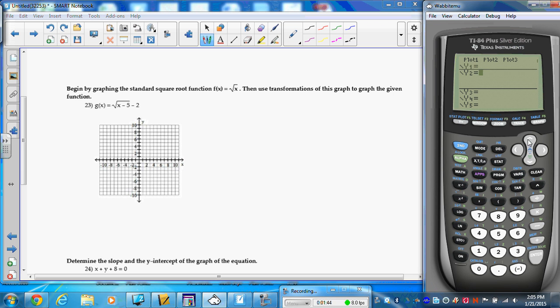And this one is supposed to be the square root of x minus 5. And now we need to go outside the radical, and we're going to subtract 2. So the graph looks like this. And the original graph, if you wanted to see what the original graph was, looks like this.